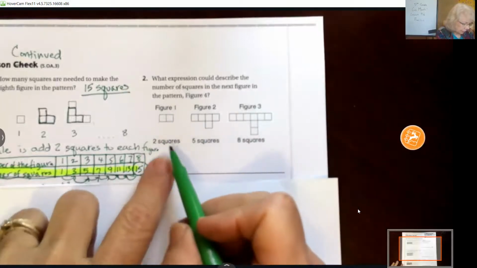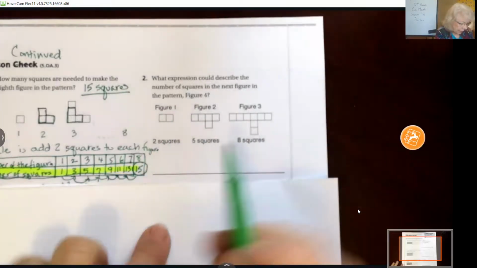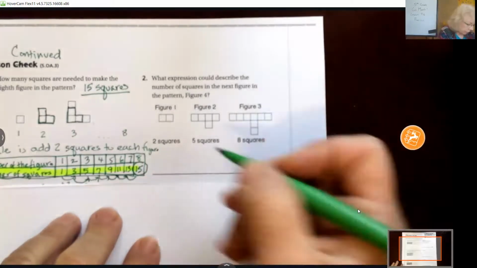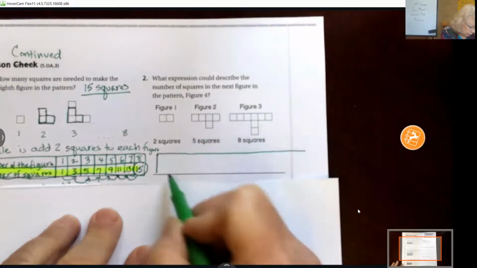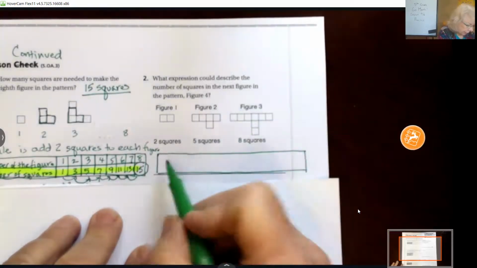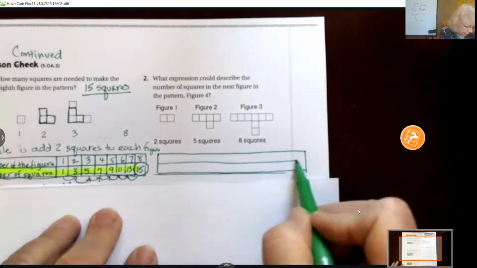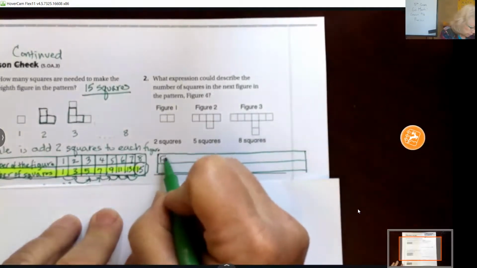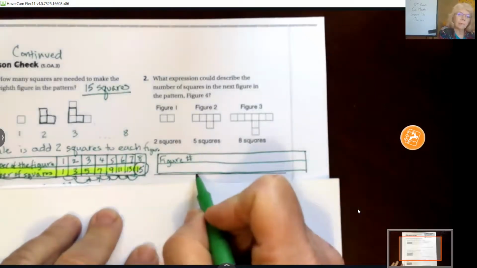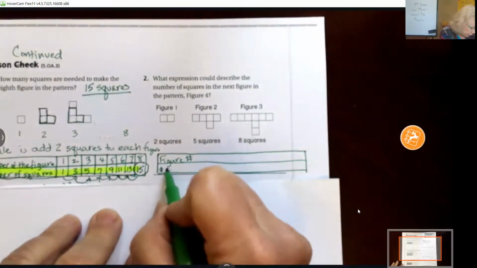So it has 2 squares, 5 squares, 8 squares. So we're going to take a look at what happens again. I'm going to draw another chart. Okay. So I have my figure number on top, and I have the number of squares on the bottom.